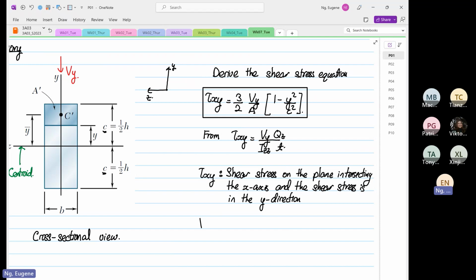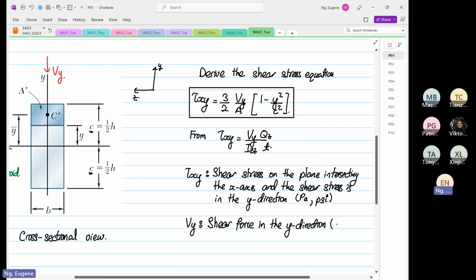And then Vy is the shear force in the y direction. In terms of units, we have this as Pascal or pounds per square inch. Over here, we have Newton, and then this is pound.